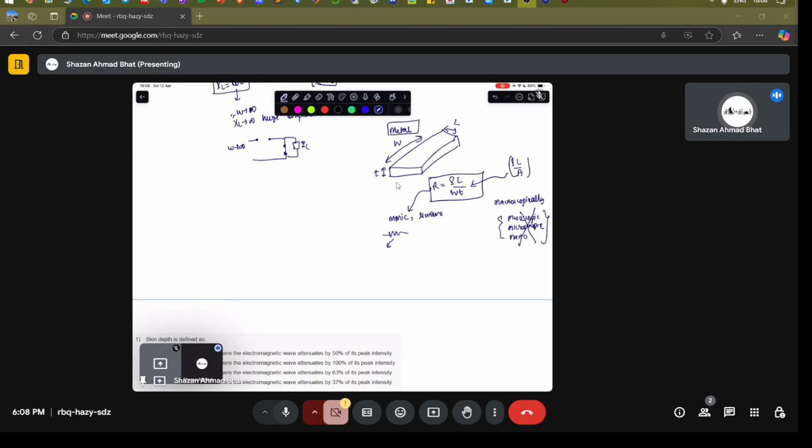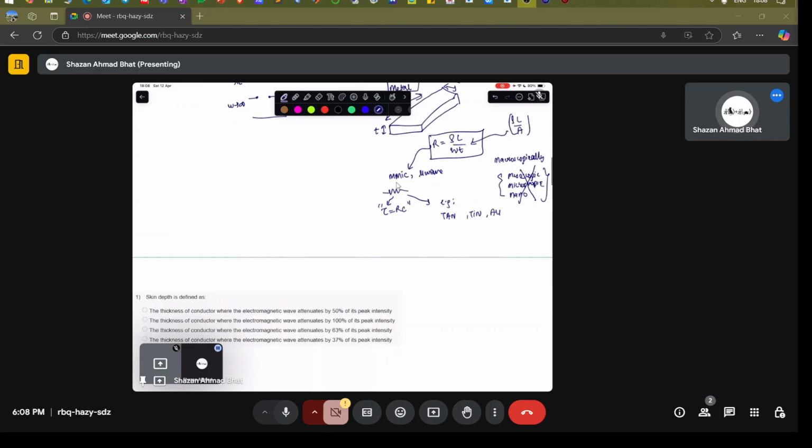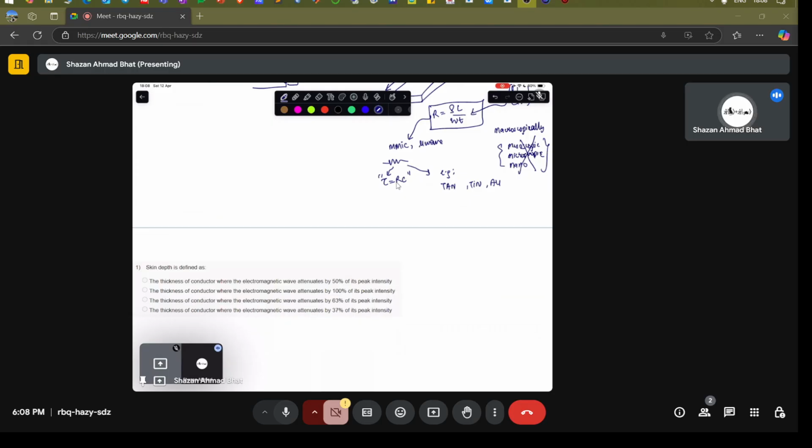Because you want to modify the time constant, which is R times C. So if you can change the resistance, you can modify the time constants and other things. You can modify the delays. Okay. For example, most of the time people use tantalum nitride based resistor, titanium nitride, or Ti gold based metallic contacts in order to change the resistance. Okay, so you can tune those particular values.